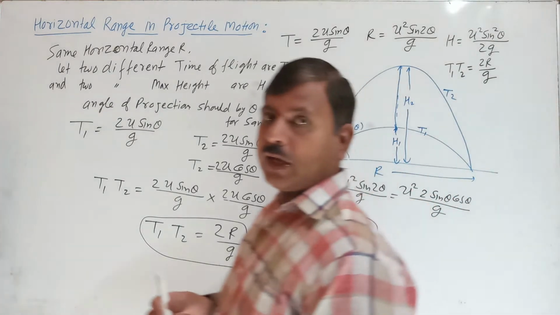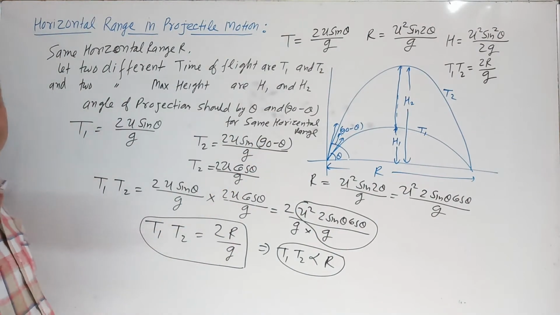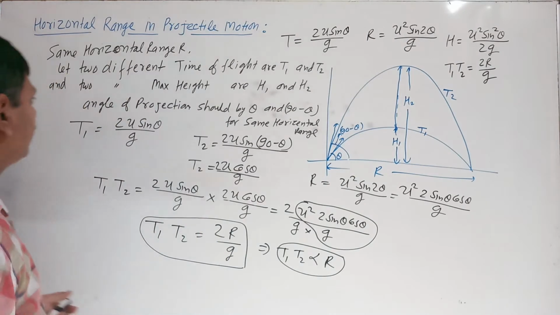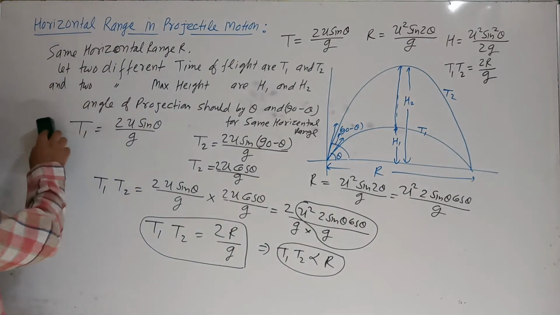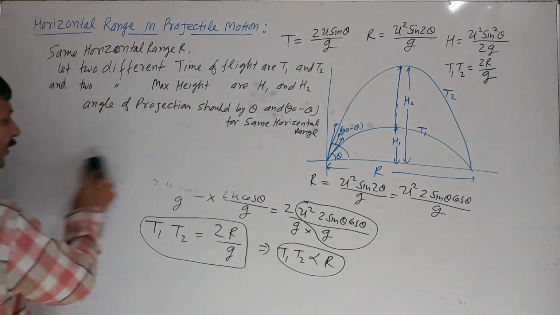In the same way I want to find the relation between the maximum heights. What will be the relation between these two maximum heights? Same thing I will do here.